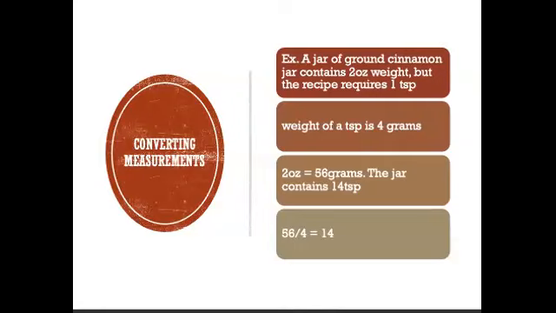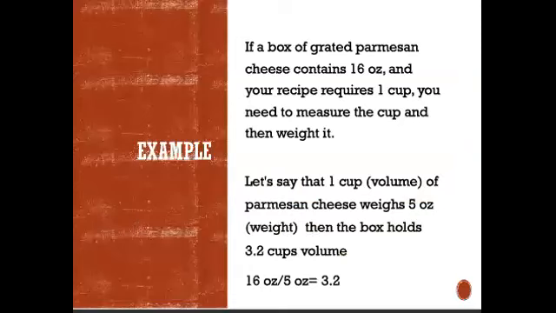Otherwise, you can also just take 1 cup of flour, take a scale, and put a little bowl on top of the scale, tare off that weight, right? Because you don't want to add the weight of the little bowl. And then once the scale is down to 0, put the cup of flour inside that bowl and weigh it. And that way you will know exactly how much a cup of flour is in ounces weight.